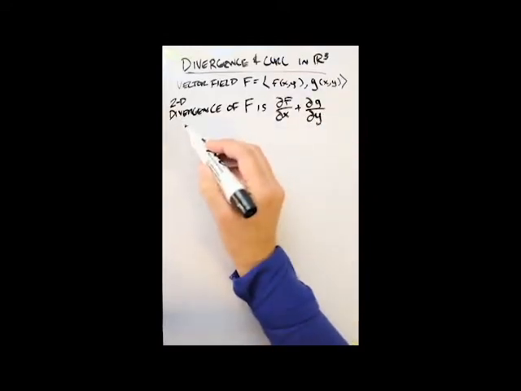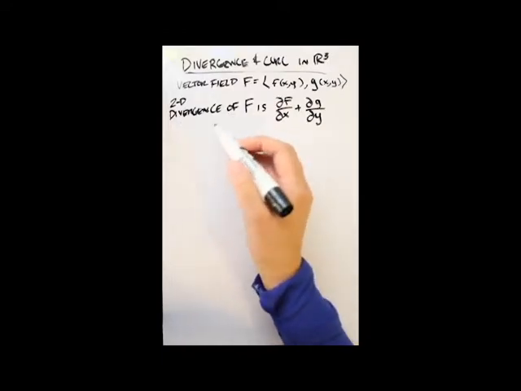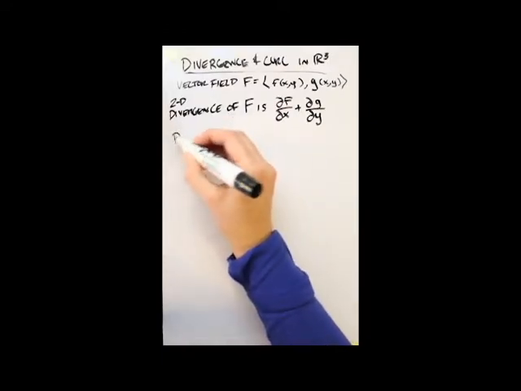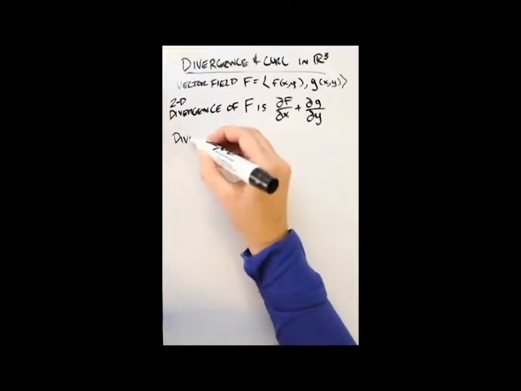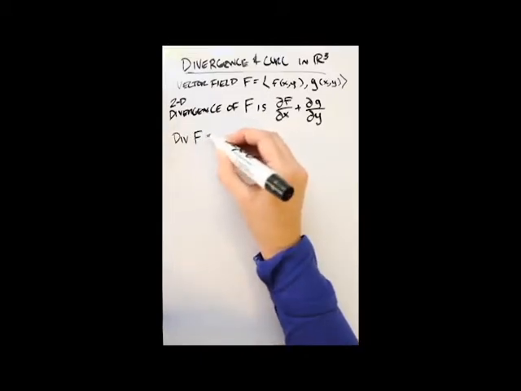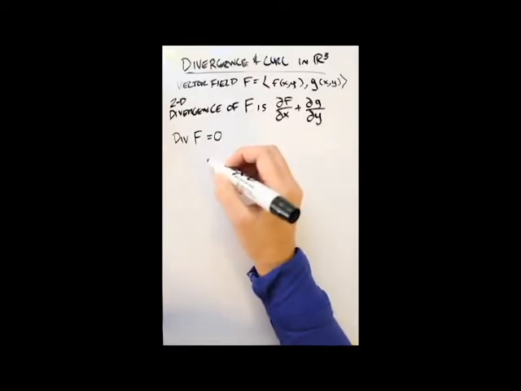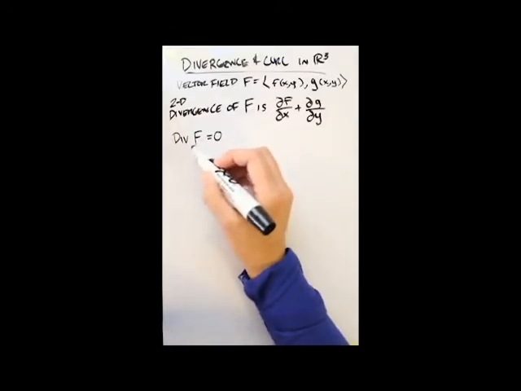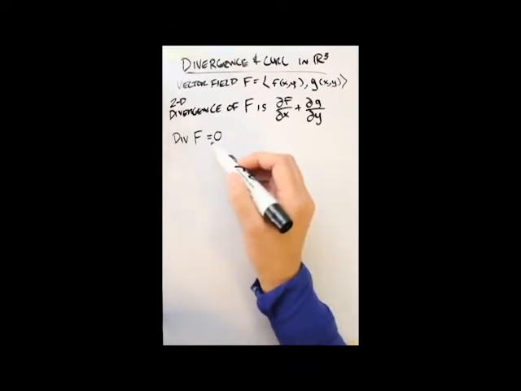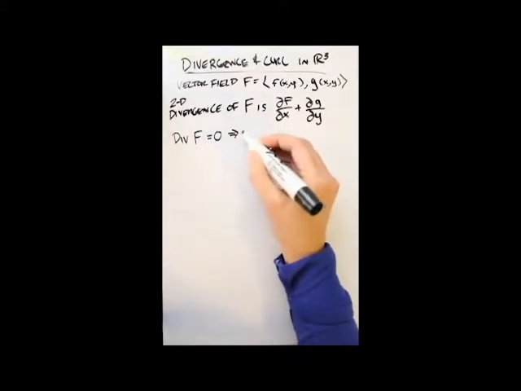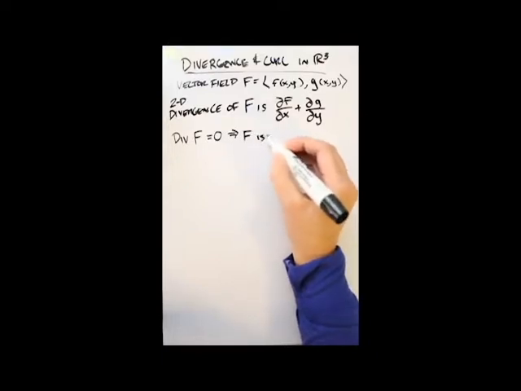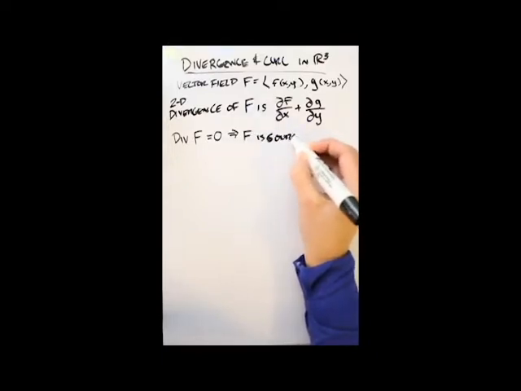Now the divergence tells us that it's a measure of the expansion and contraction of a vector field at each point. So the divergence of F: if it's 0, as we mentioned in the video before, throughout our region, and remember the region has to be simply connected, then our vector field F is considered to be source free.